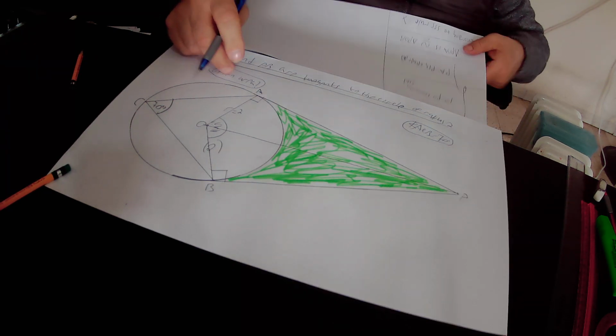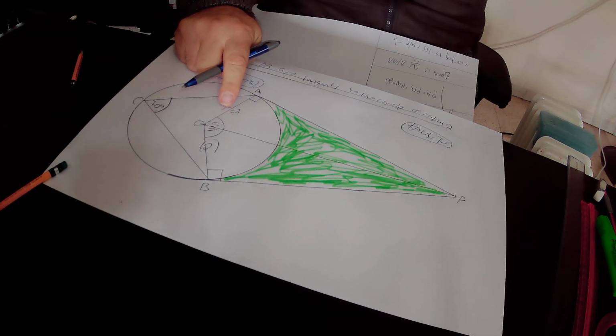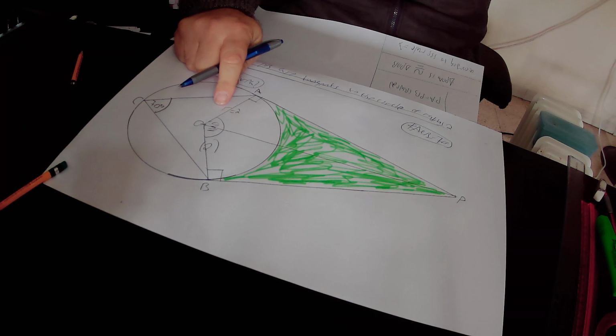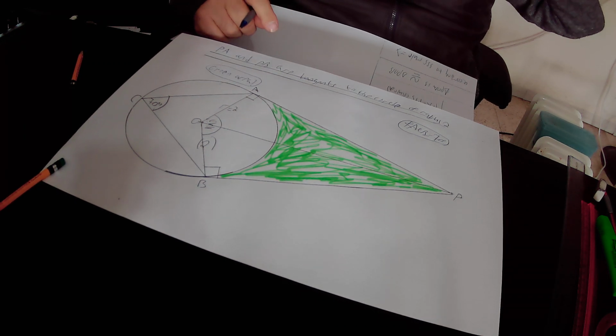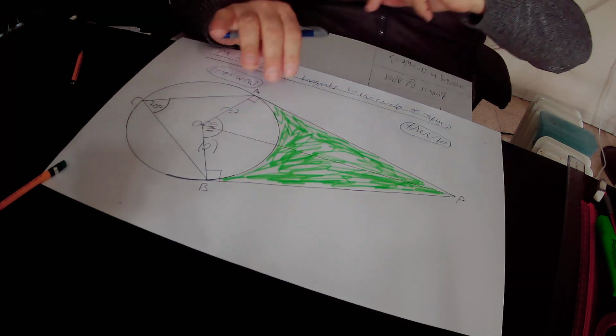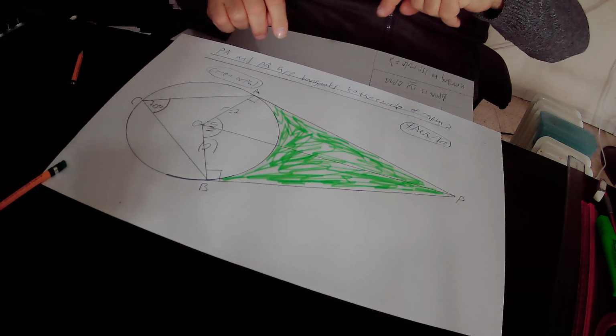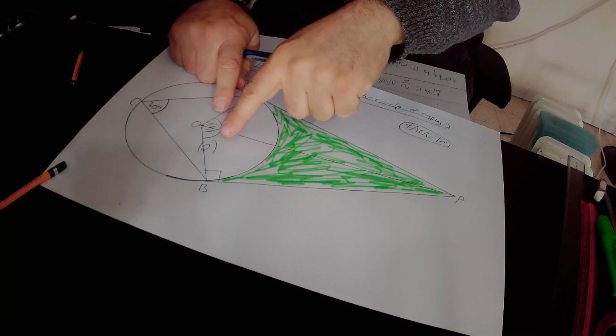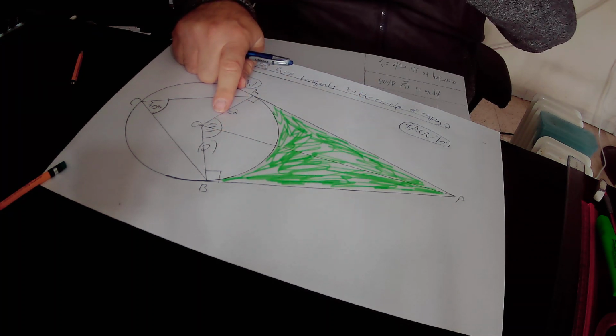So those two angles are equal to each other according to the rule that corresponding angles in congruent triangles are equal to each other. Those two triangles are congruent to each other, therefore those two corresponding angles must be equal to each other.